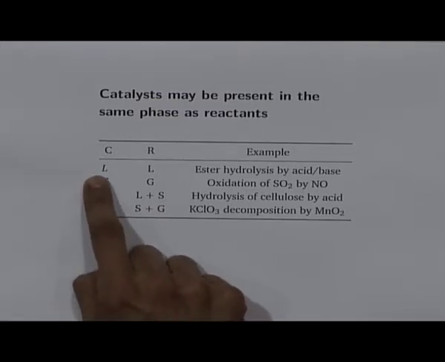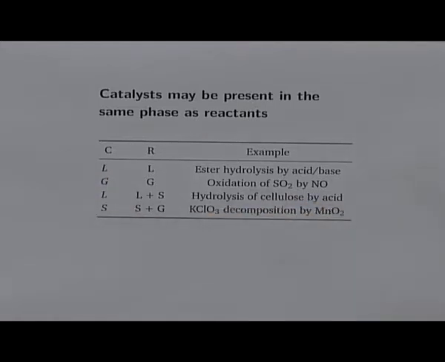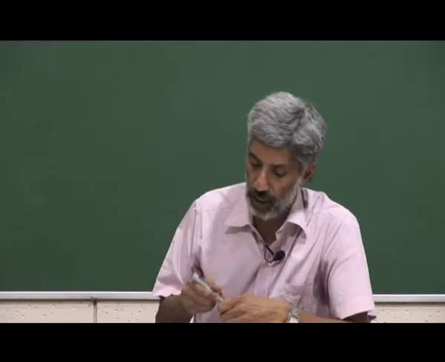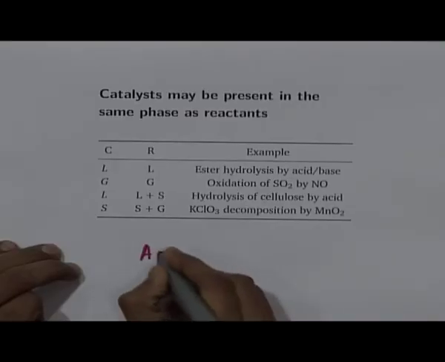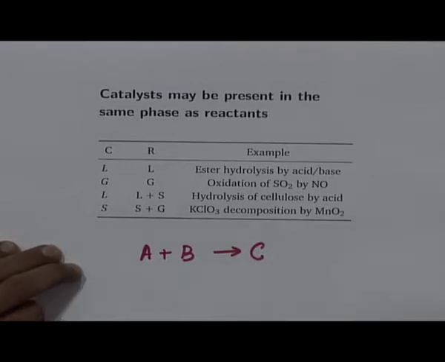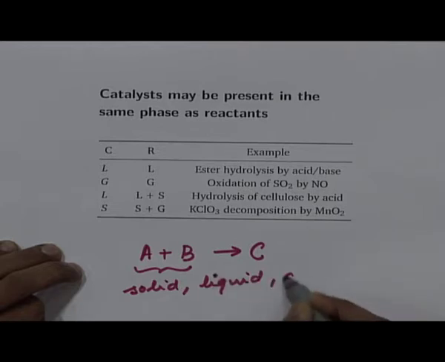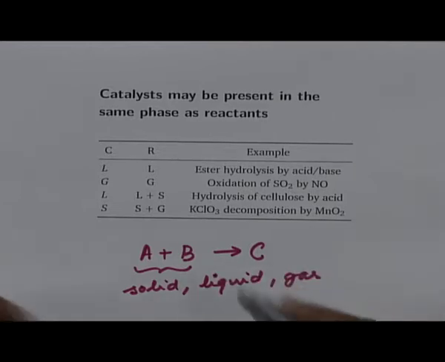So, the catalyst is a liquid. So, the reaction itself, imagine that I have a reaction A plus B going to C. That is a generic reaction, and this could happen either in the solid phase or in the liquid phase or in the gas phase. Reaction could happen in the solid, liquid or gas phase.